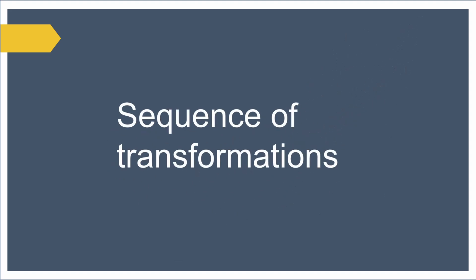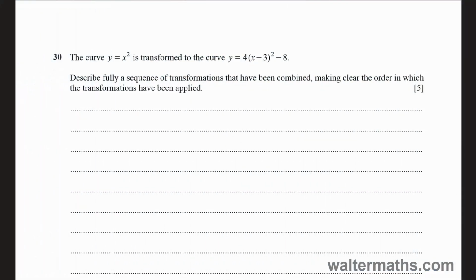So at this point, we want to look at a few more questions involving a sequence of transformations where the order with which the transformations were applied is important. Let's start with this question here, and it says, the curve y = x squared is transformed to the curve y = 4(x - 3) squared - 8.